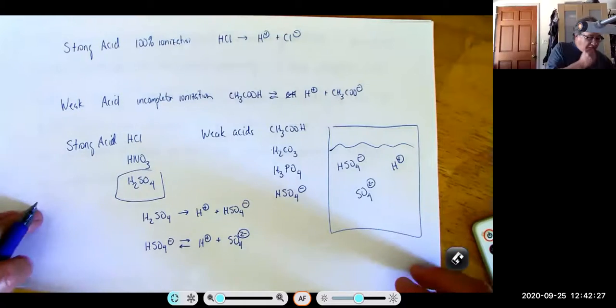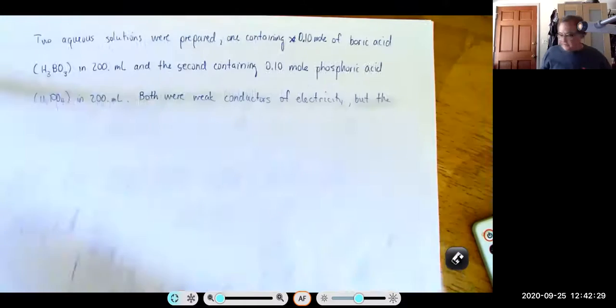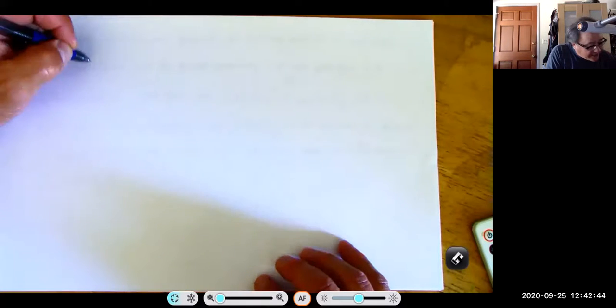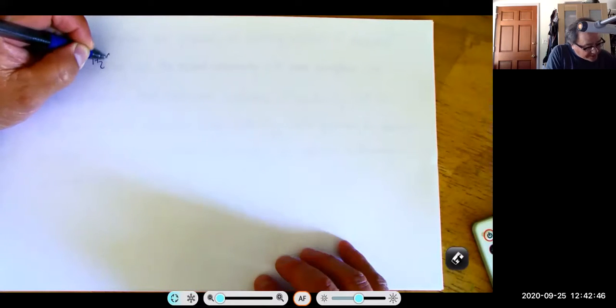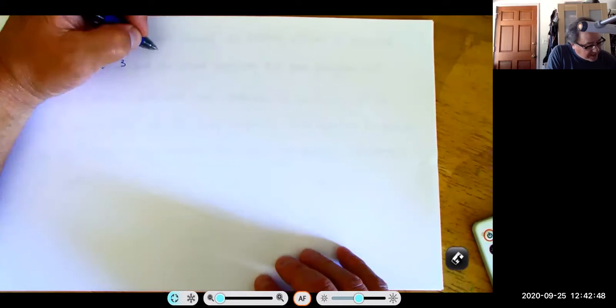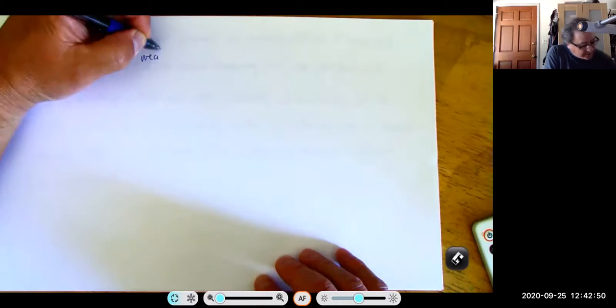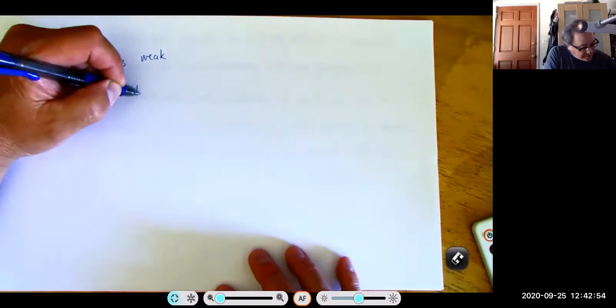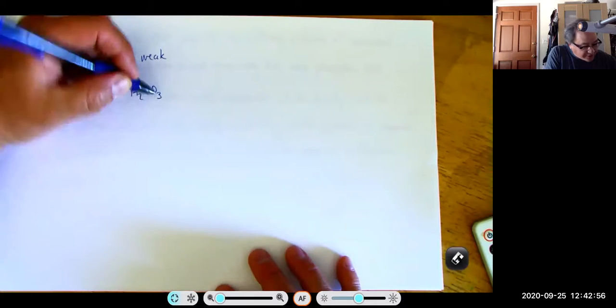Okay, so now let's extend this idea and look at a different acid. This one here is called carbonic acid, and it's weak. So let's write the first reaction when it gives up one of its hydrogens.